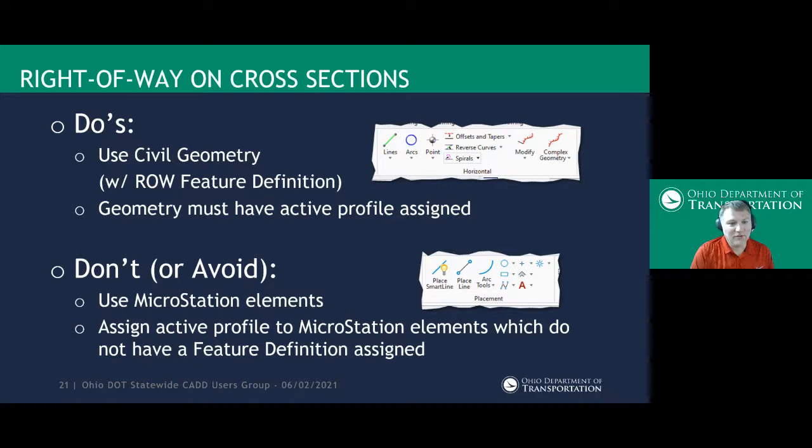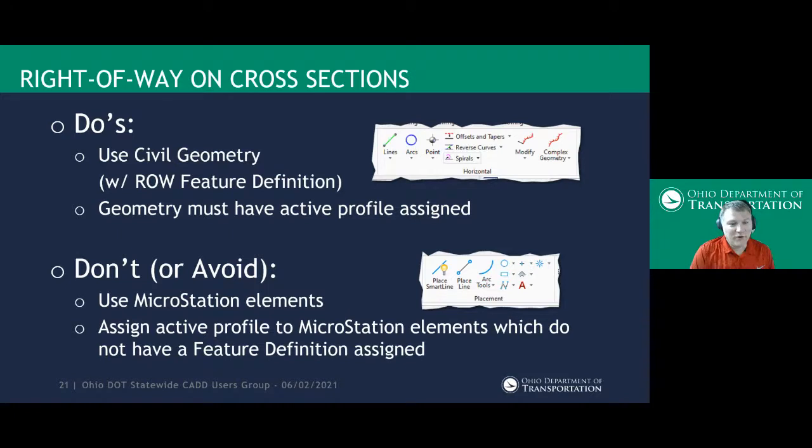And then the geometry must have an active profile assigned once you create that. So on the top there, I've shown a screenshot of the geometry tab or ribbon with the horizontal geometry tools, so that could be used to create your civil geometry or your right-of-way lines with civil geometry.